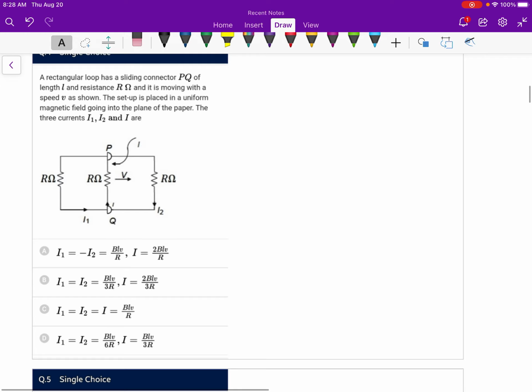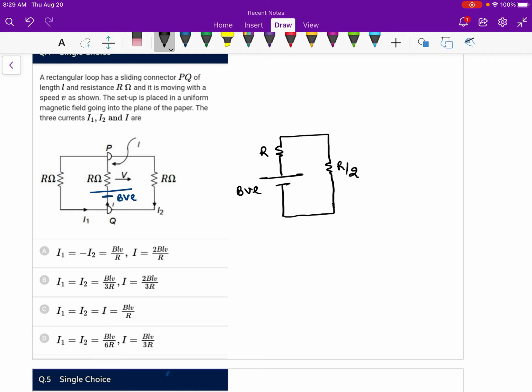Rectangular loop. So guys, this moving slider will act as a battery of EMF BVL. So this is BVL. Okay, so the circuit will reduce to this R with EMF BVL, and both the other R's are in parallel, so they are R by 2.